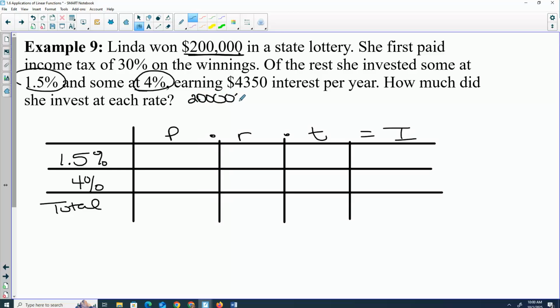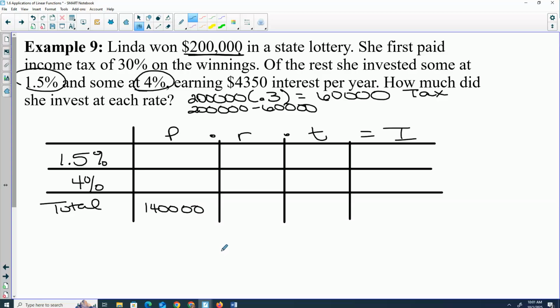So I have to do 200,000 times 0.3, and that gives me 60,000. That's the amount she paid in tax. So to figure out how much she had left, you have to think 200,000 minus the 60,000. So her total amount she was able to invest is just 140,000. Taxes are rough.